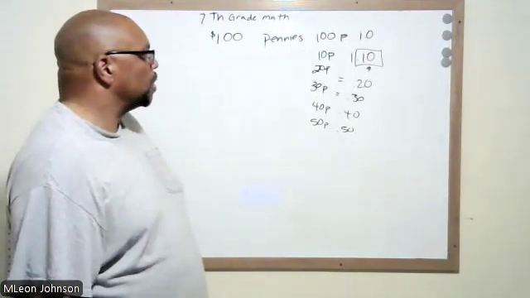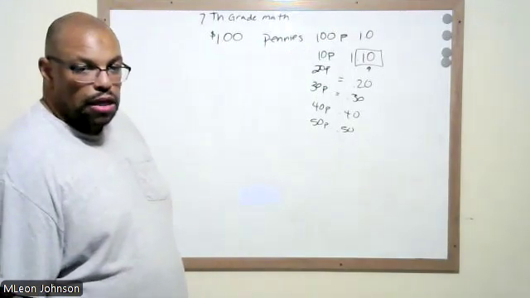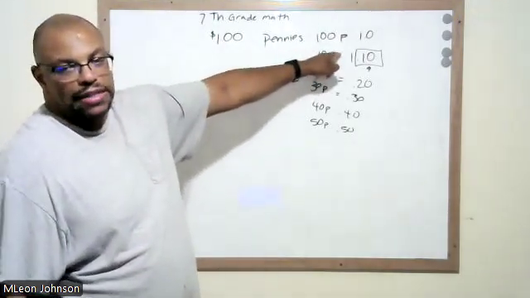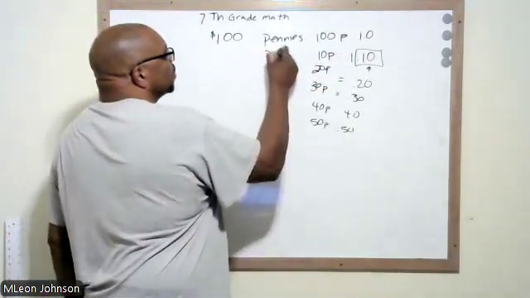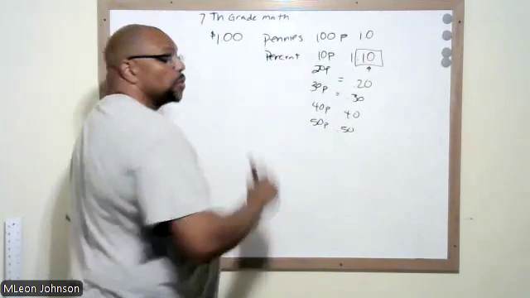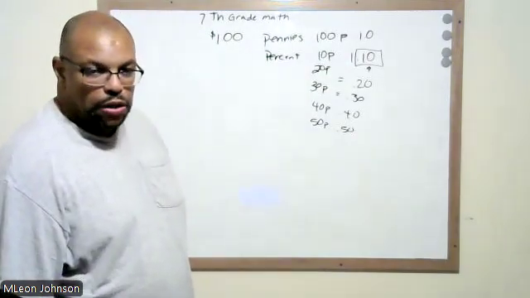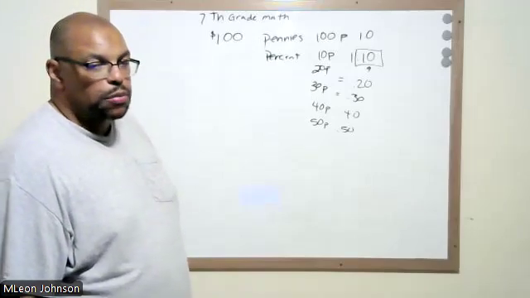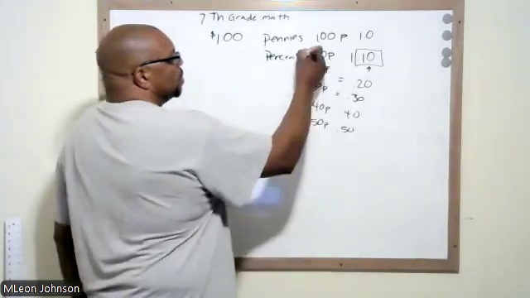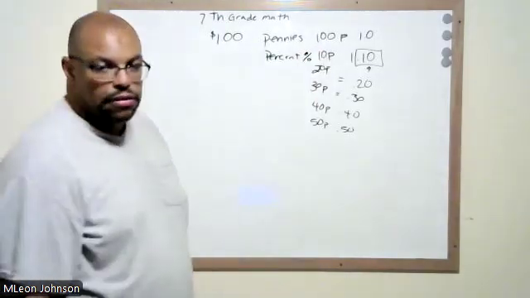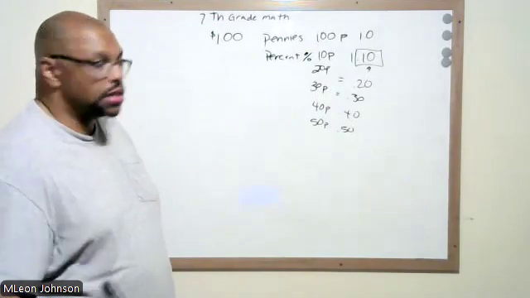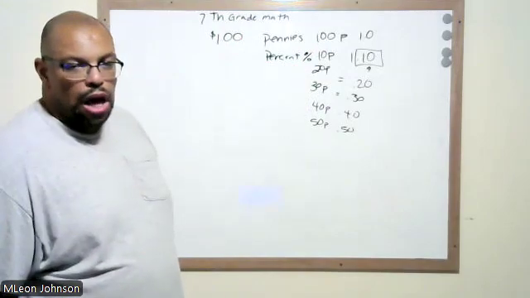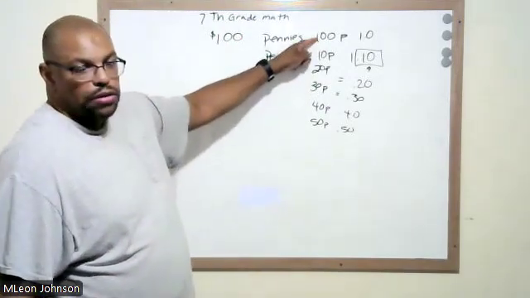So what I just taught you is that we can also use the P for percent. Now we understand that pennies and percent are kind of interchangeable. So if percent is what we're looking at, the symbol for percent is that right there. Now, I want you to understand something. When we look at pennies and percent, everything is taken out of 100.